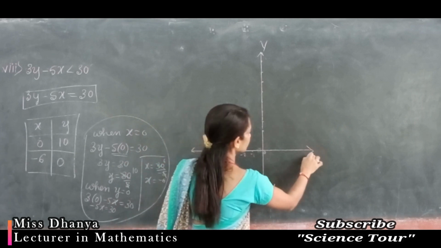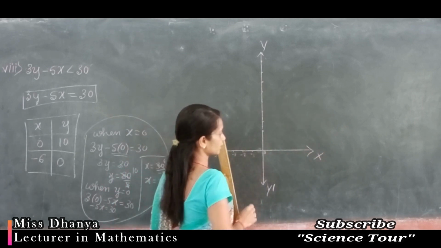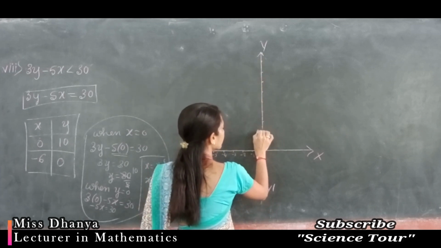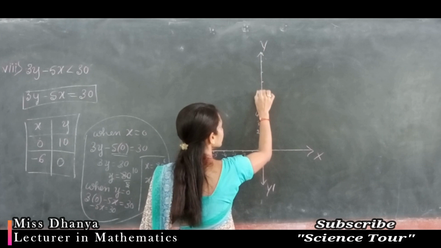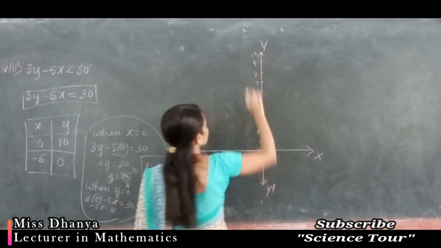Mark points at equal distances, X dash, X, that is x axis, Y dash, Y, y axis. 1, 2, 3, 4, 5, 6, 7, 8, 9 and 10, okay.